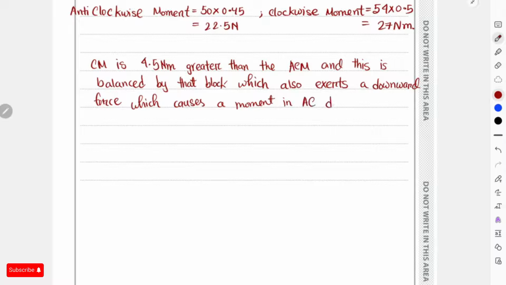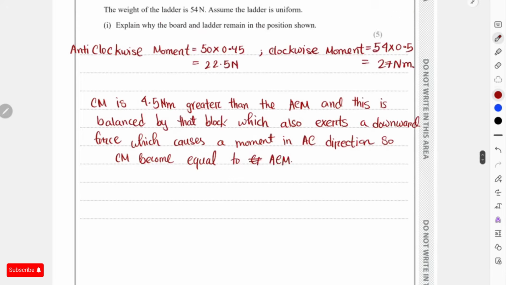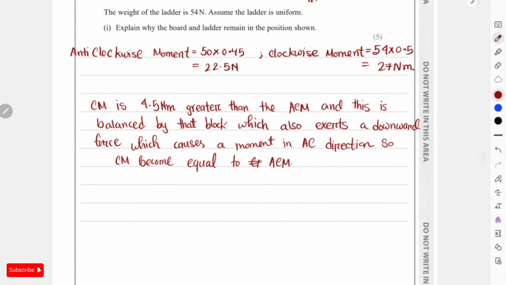So balancing out, the clockwise moment becomes equal to the anti-clockwise moment. Including those maths and writing the statements is certainly important for this part.